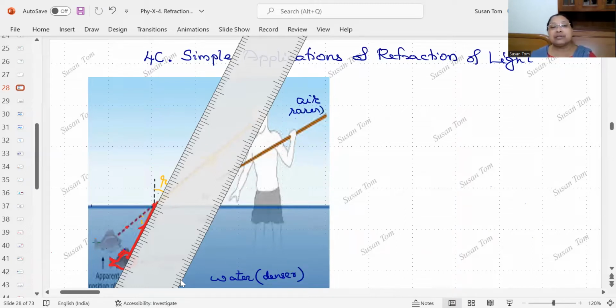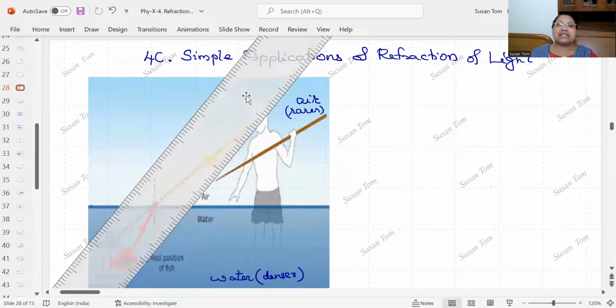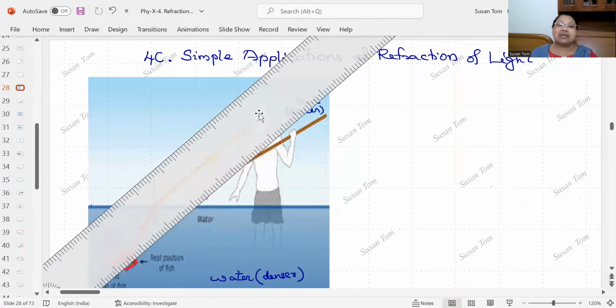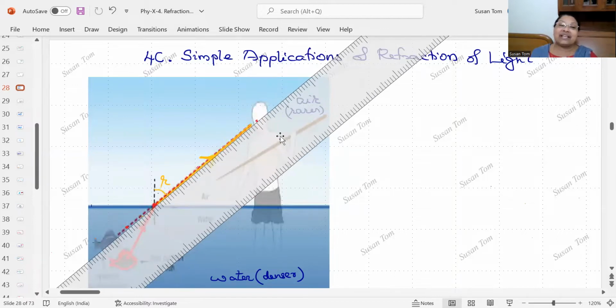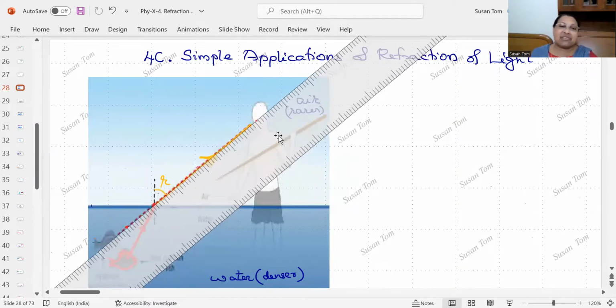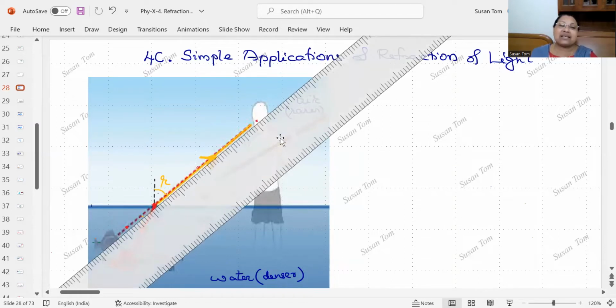Yes or no? Yes, ma'am. I'm just keeping this ruler, you see the way that I'm tilting. It is tilted. Now, how much it is to be tilted, I'll teach you in that diagram where the apparent bending of a stick we will work. Okay, so at present, the ray of light is bending in this direction and is reaching to the person. Yes or no?